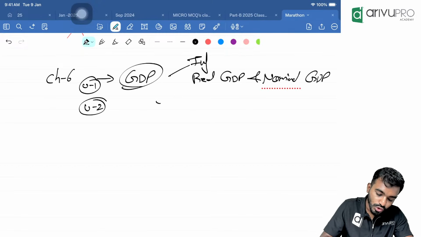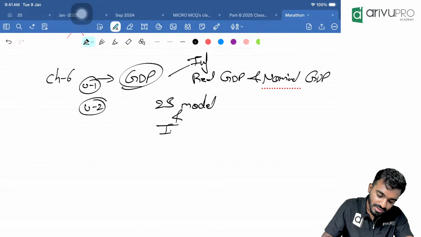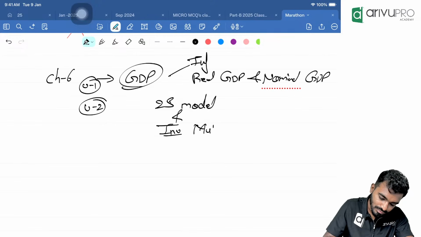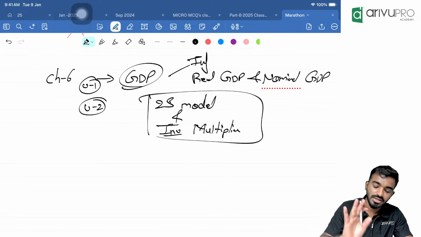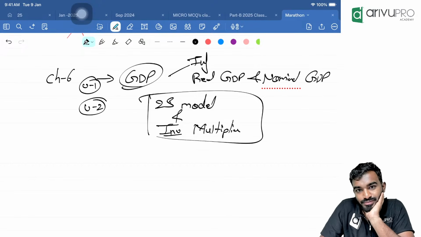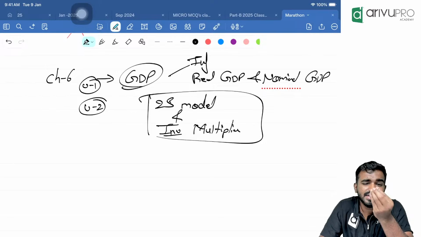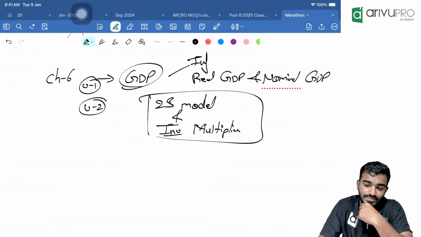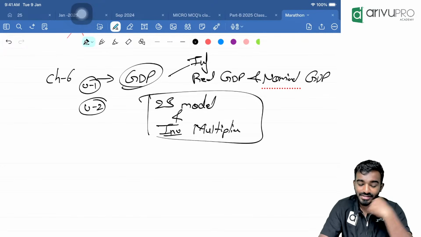In unit 2, 2 sector model and investment multiplier. These 2 numericals are most important, even from theory. This is where most questions come. And in national income calculation, income method, value added method, expenditure method, small, easy, silly questions will come from that. This is the main area of chapter 6.